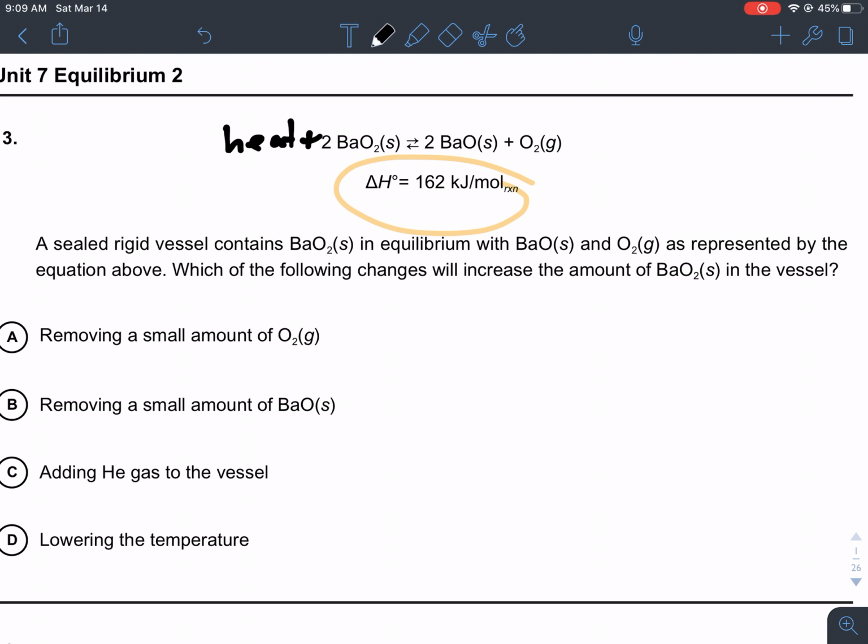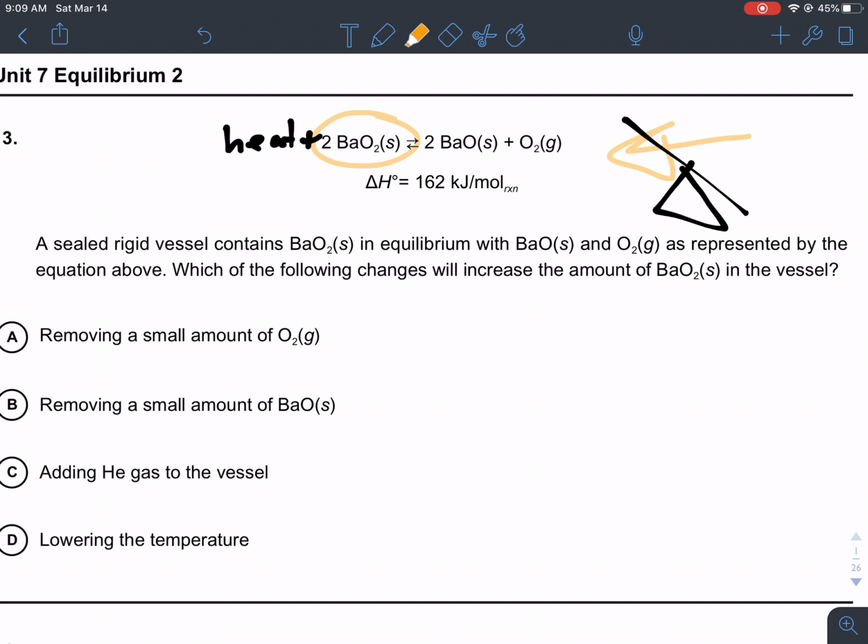I want to increase the amount of BaO2. If I want to increase the amount of BaO2, I want this to happen in my Le Chatelier stress: when your left side is lighter, the reaction will move backwards to create more reactant.